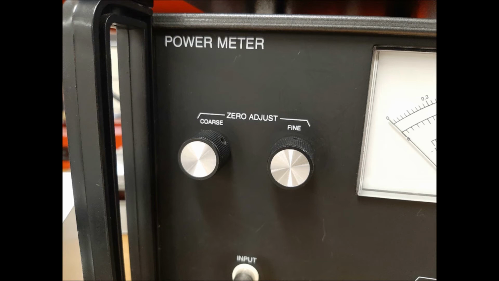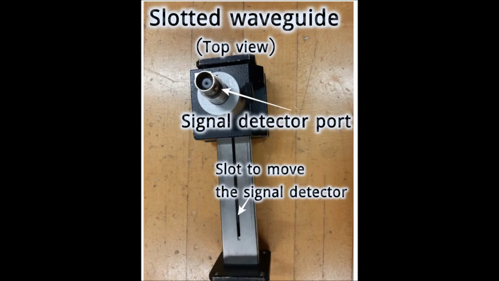As you know, we need to make a balance to the Wheatstone bridge before using it, and you can do that by adjusting these zero adjust knobs. One point to mention here, the zero adjust knob must be used when the device is disconnected from the power supply.